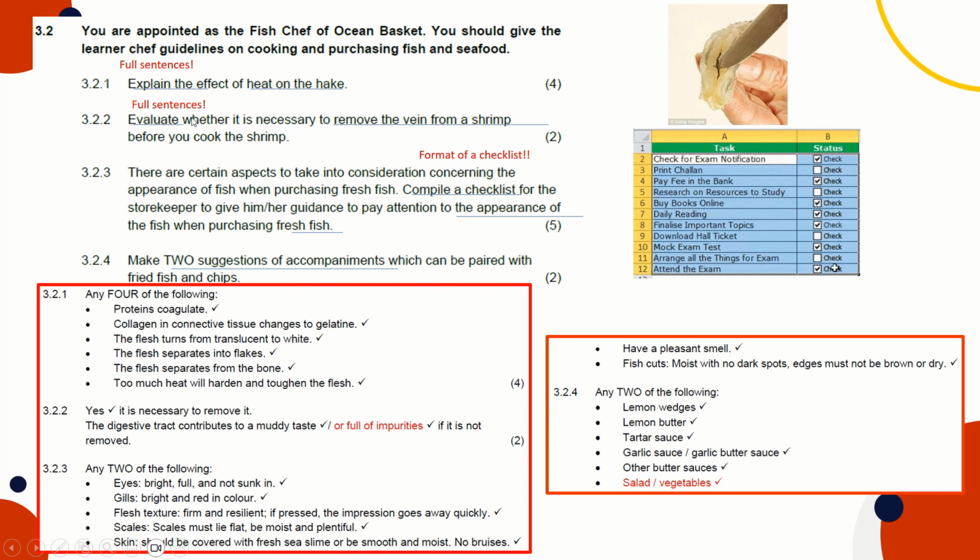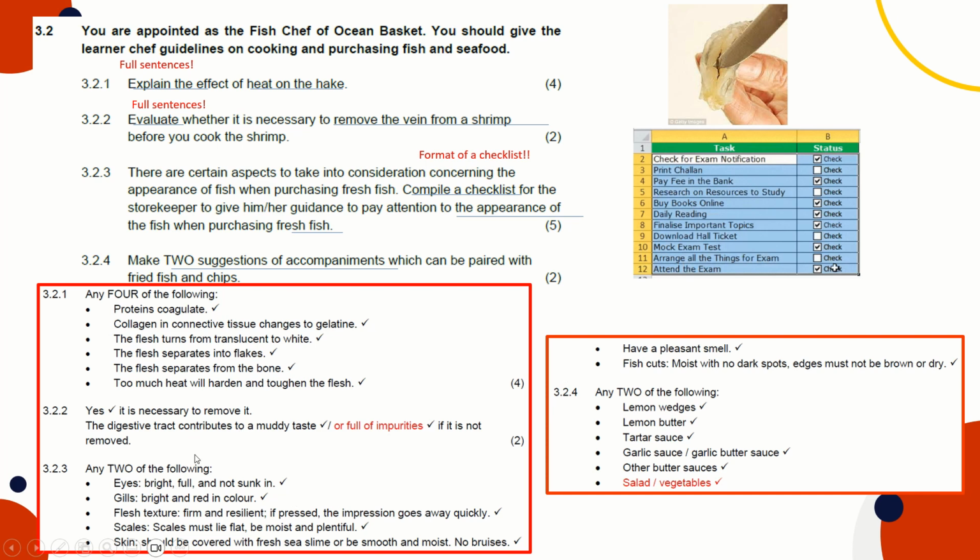3.2.2. You need to evaluate whether it's necessary to remove the vein from a shrimp before you cook it. When you need to evaluate, you need to tell, is it good to remove it or isn't it good to remove it, and why? In full sentences, what do you think? Over here you can clearly see the black vein in the middle part of a shrimp.